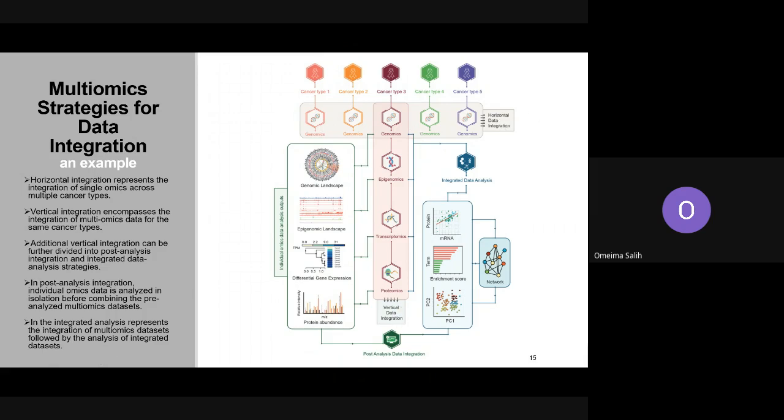So even if you are using different cells and using one omic approach, it's also considered one omic approach.